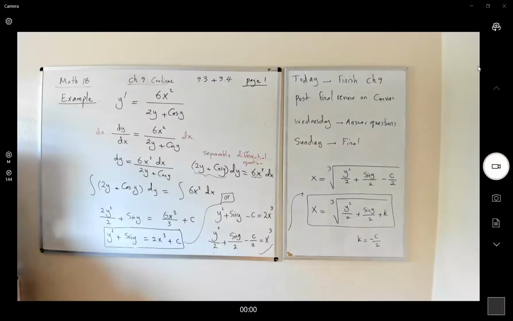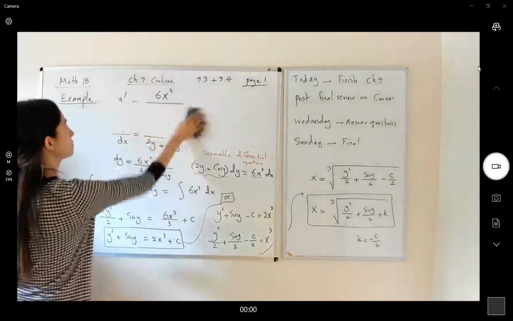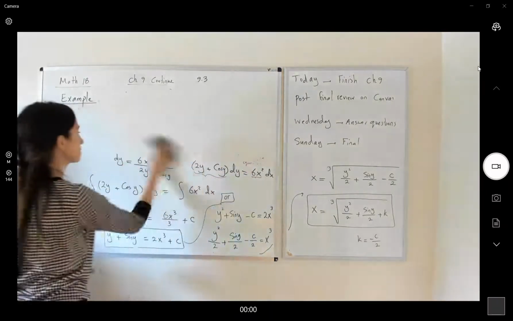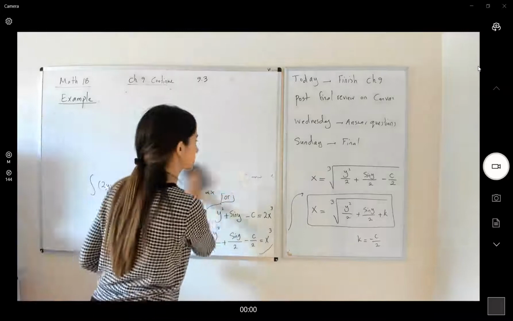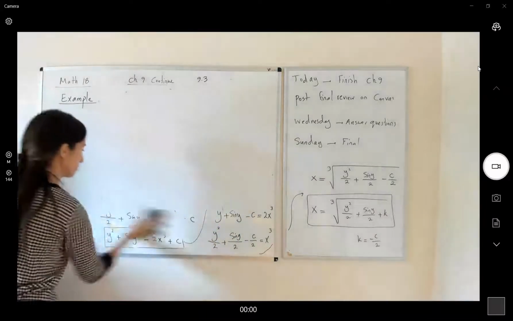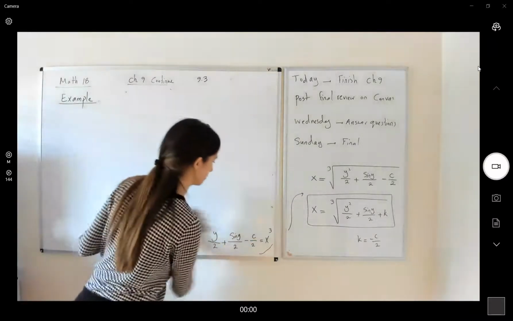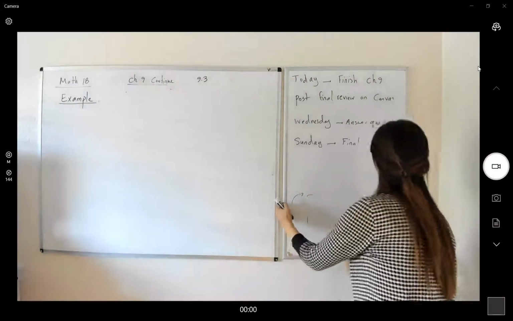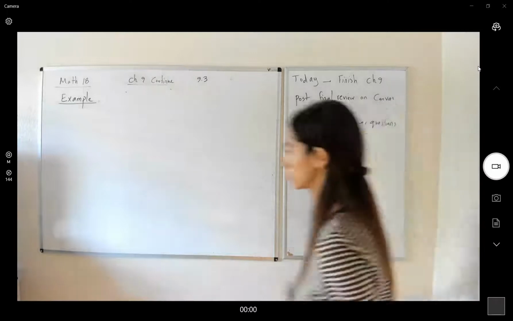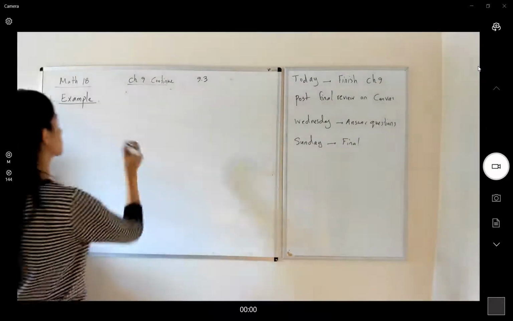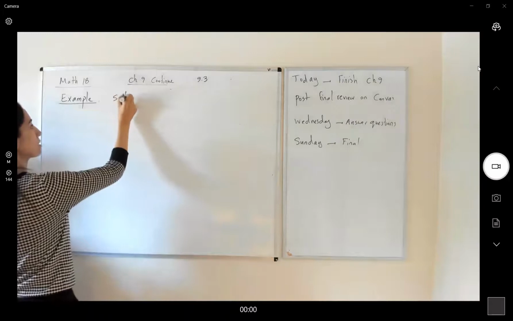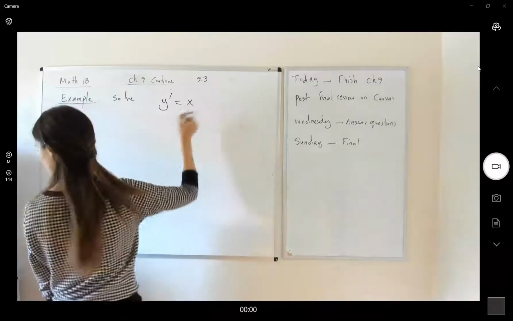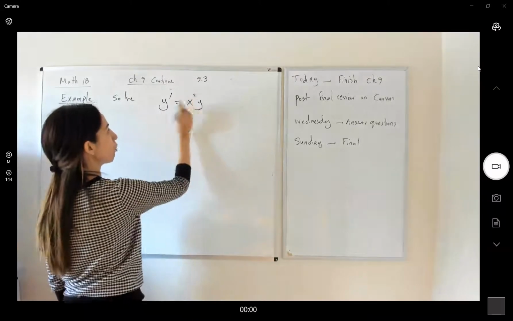Next example. We are on page 2. So the question says, solve y prime equals x squared y.